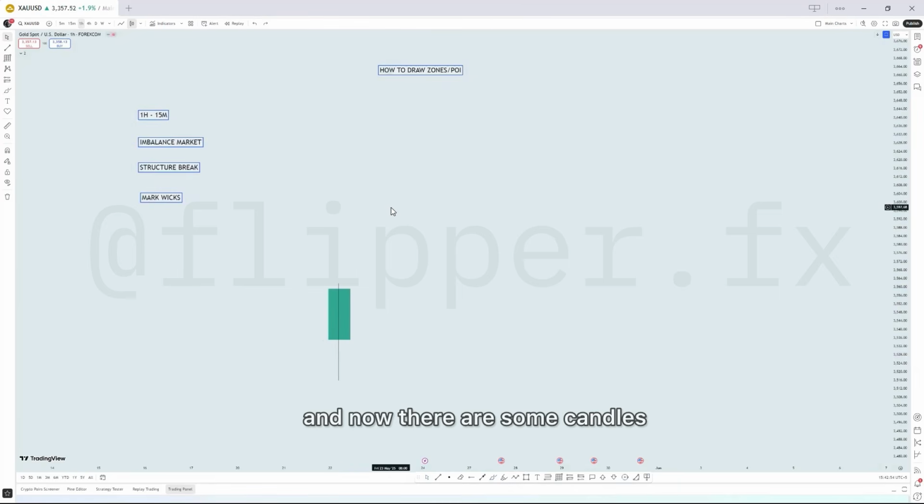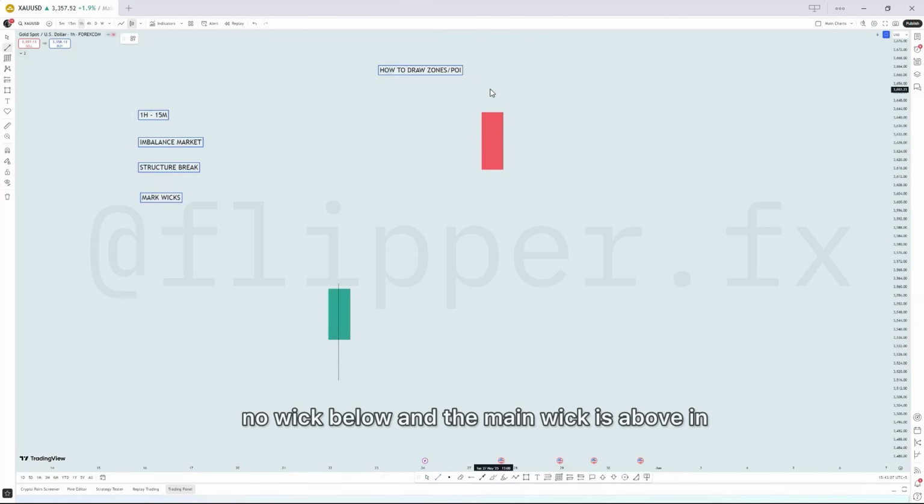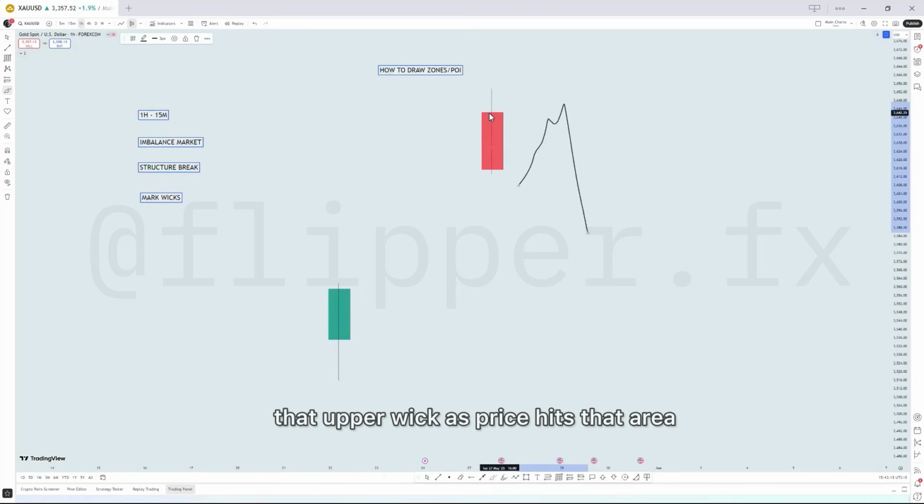And now there are some candles that have no wick on top, or in the case of a bearish candle, like this, no wick below and the main wick is above. In that case, we will look for sell trades from that upper wick as price hits that area.